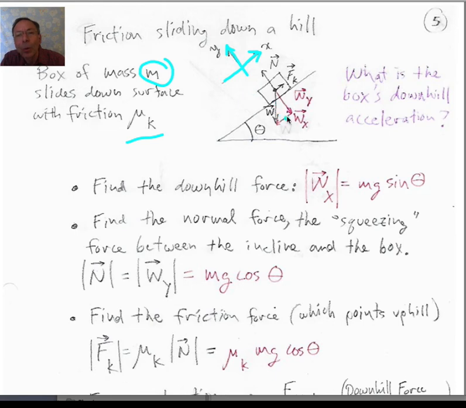We want to know what this part right here is. You see, what makes the box go downhill is the weight. But in this rotated coordinate system, the weight breaks down into two parts. It decomposes, I should say, into an x component and a y component. And it's the x component that makes it accelerate down the hill.